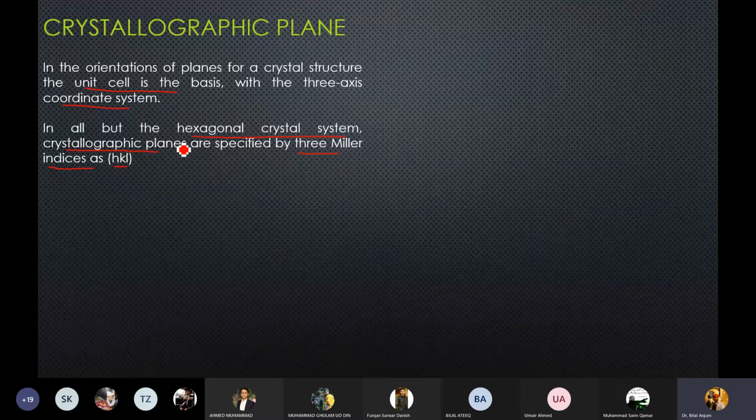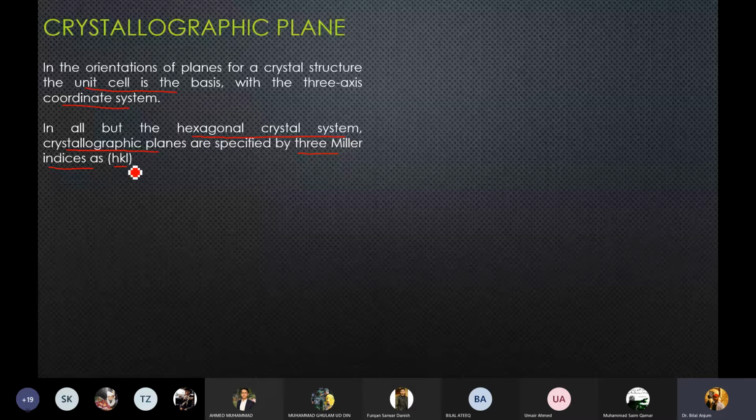We'll see why it is different in hexagonal crystal systems. So how do the three digits HKL basically represent a plane in a unit cell? We'll see the procedure to identify a plane.